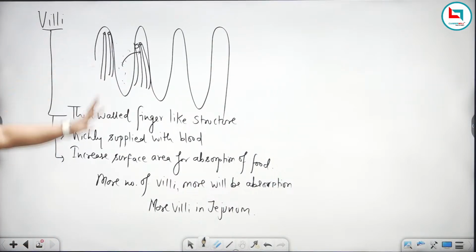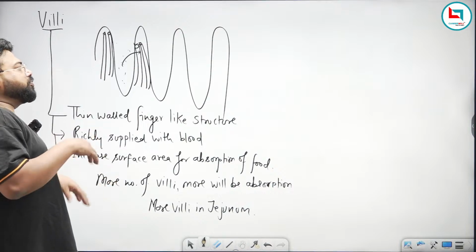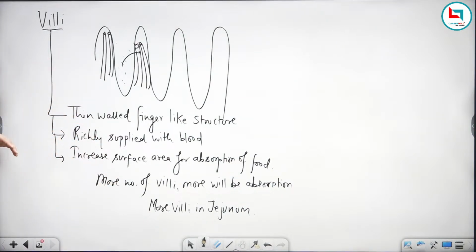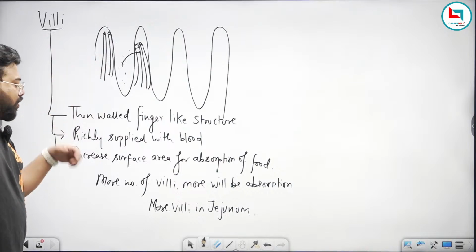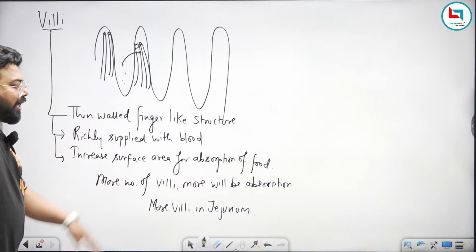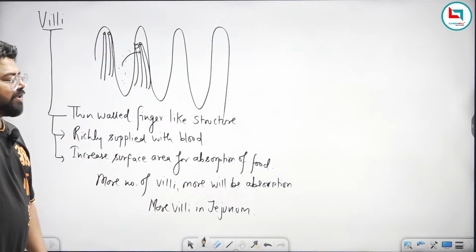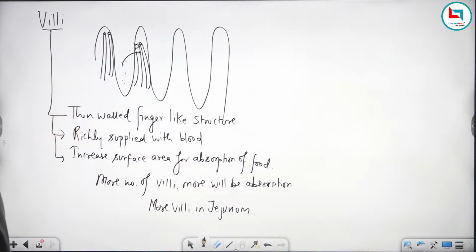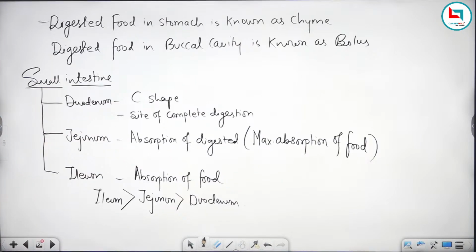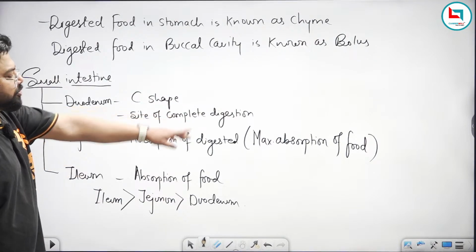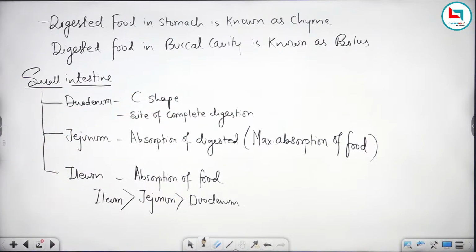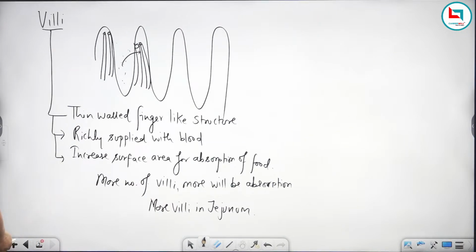So these are the finger-like structures which are richly supplied with blood vessels, and during the time of absorption of the food, they increase surface area, due to which more amount of food gets absorbed. The more the number of villi, the more the absorption, and the number of villi is highest in jejunum in comparison to the ileum. That's why both of these are sites for the absorption of food, but maximum absorption of food takes place inside jejunum.